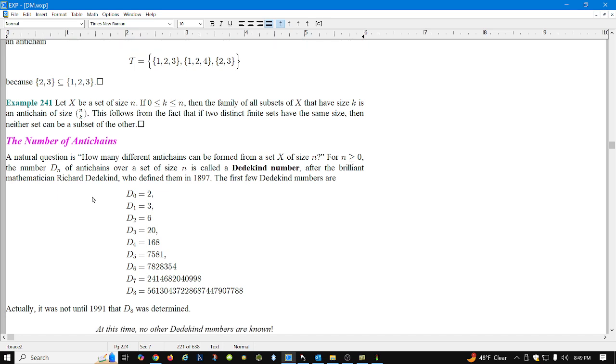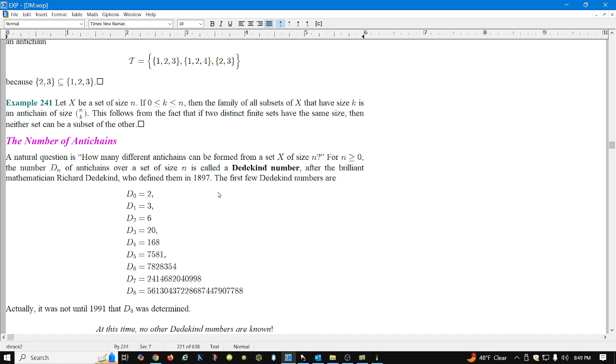For n greater than or equal to 0, the number d sub n of antichains over a set of size n is called a Dedekind number, named after a very brilliant mathematician named Richard Dedekind, who defined this concept in 1897.